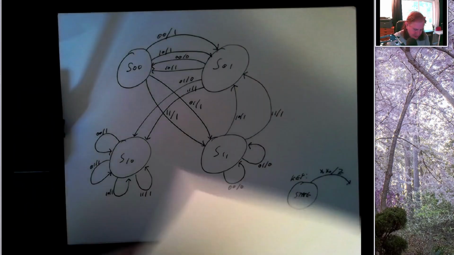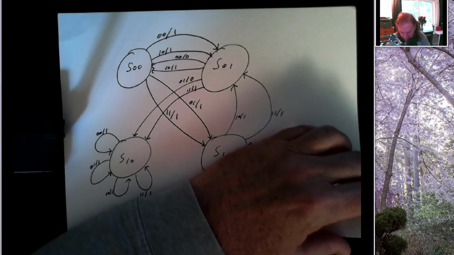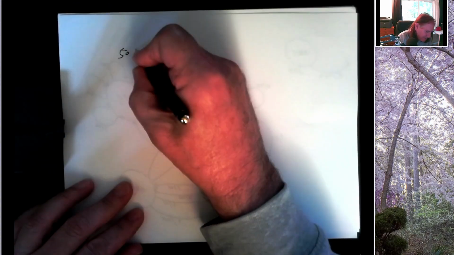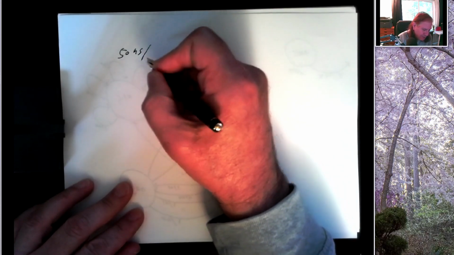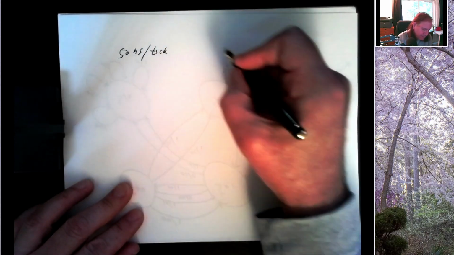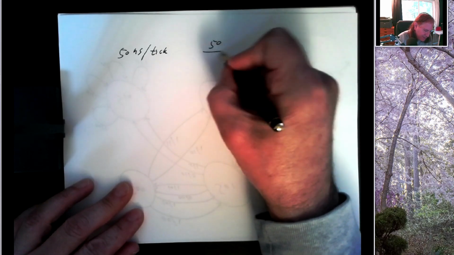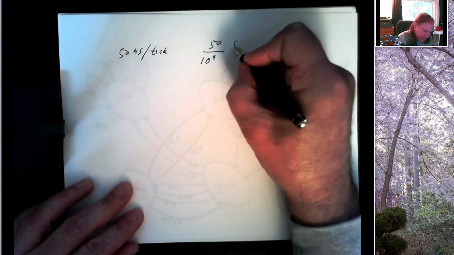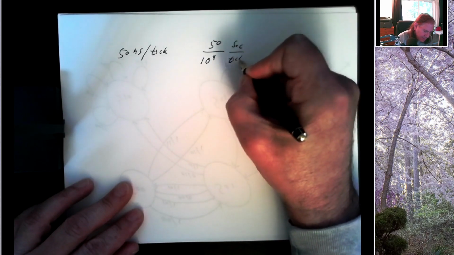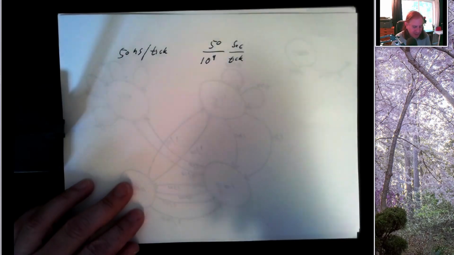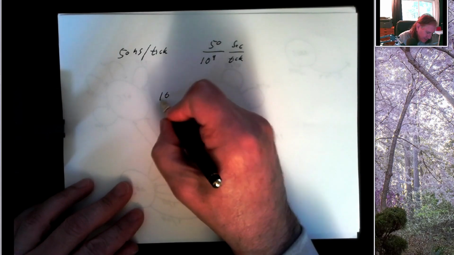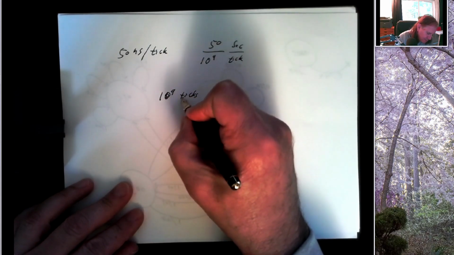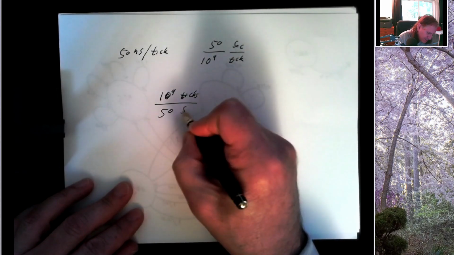So let's do a cleaner calculation here. So 50 nanoseconds per tick. So that's 50 over 10 to the 9th seconds per tick. If we take the reciprocal of that, we get 1 billion ticks every 50 seconds.